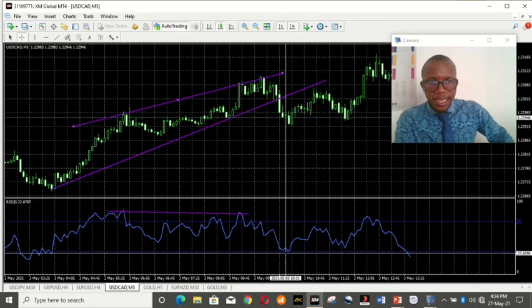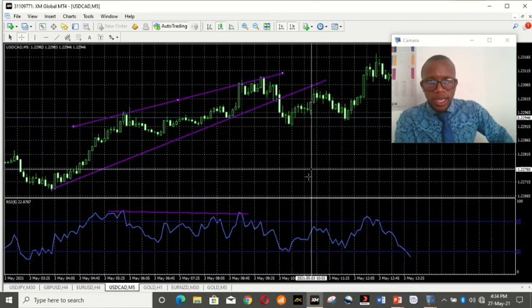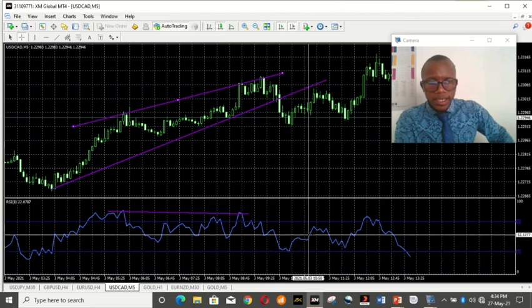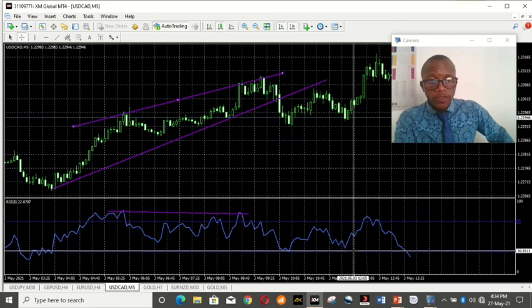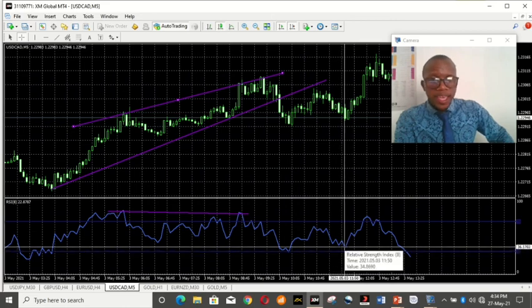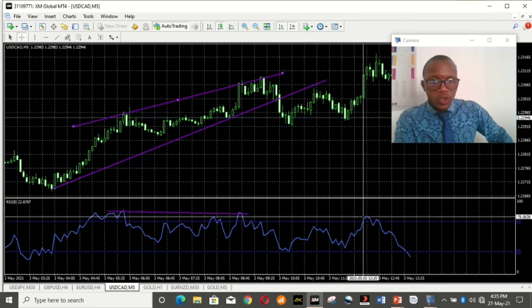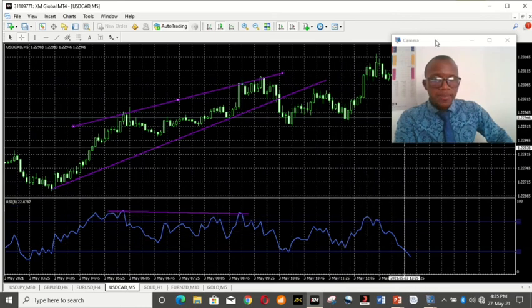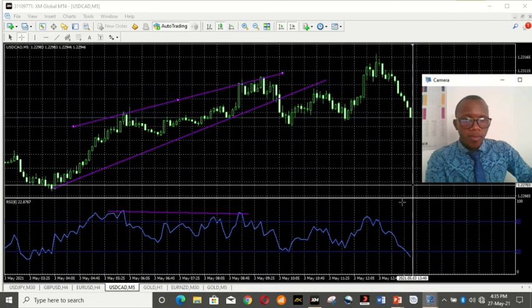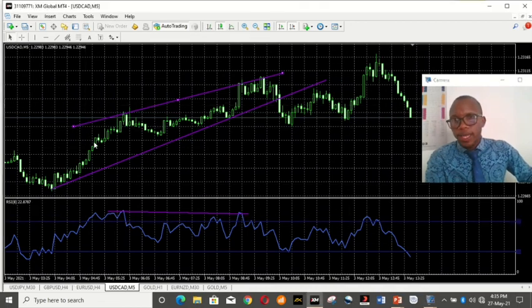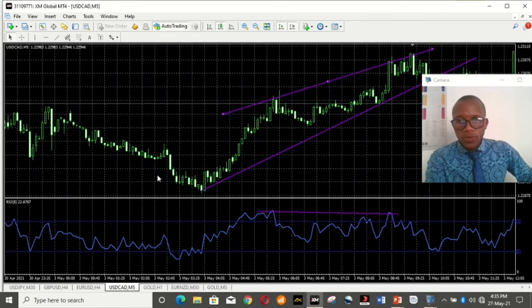You can collect a few pips, but the signal is not yet clear. It's not yet clear. You see here, okay, here it's clear. Let me look for another example to illustrate what I'm talking about.